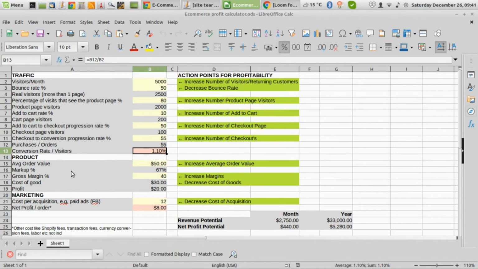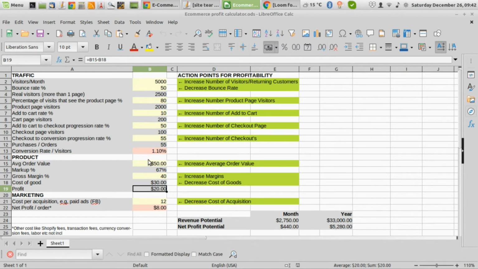Now we're going into what is actually making you money. So we go into the product. If you assume that your average order value is $50, and we have a gross margin on these $50 of 40%, that leaves us with the cost of goods of $30 and a profit per sale of $20.